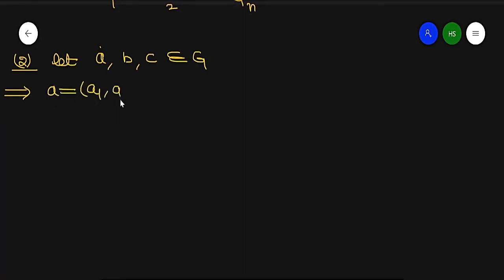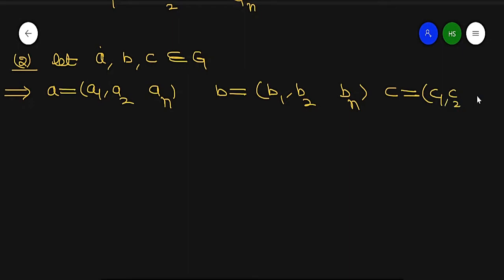Now the second result is the associative property. I take three elements a, b and c belonging to G. It implies a is of this kind, (a1, a2, ..., an), b is (b1, b2, ..., bn), and c is (c1, c2, ..., cn).